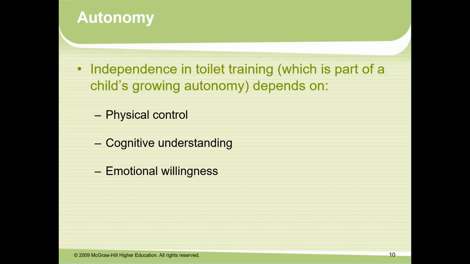So going back to autonomy, independence and toilet training, which is a part of a child's growth and autonomy, depends on control, right? It also has to do with their fine motor ability to control their bladder, those bladder muscles. That takes practice. Also, cognitive understanding, right?